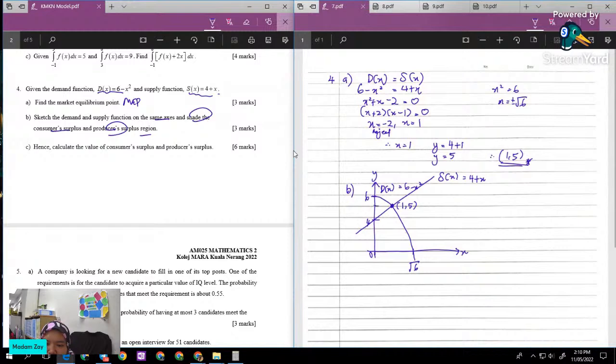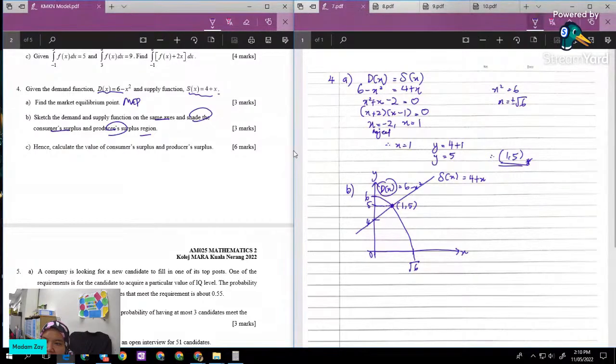So you buat line dekat sini, ke tengah ni. So di atas nilai 5 ni, maksud dia antara Dx dengan market equilibrium point ni, kawasan ni kita nak panggil apa?